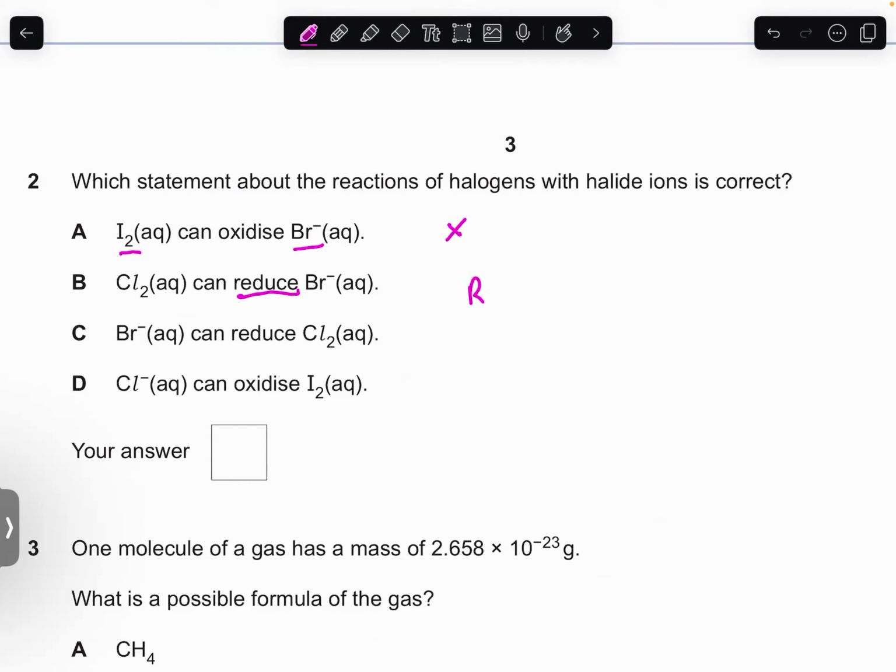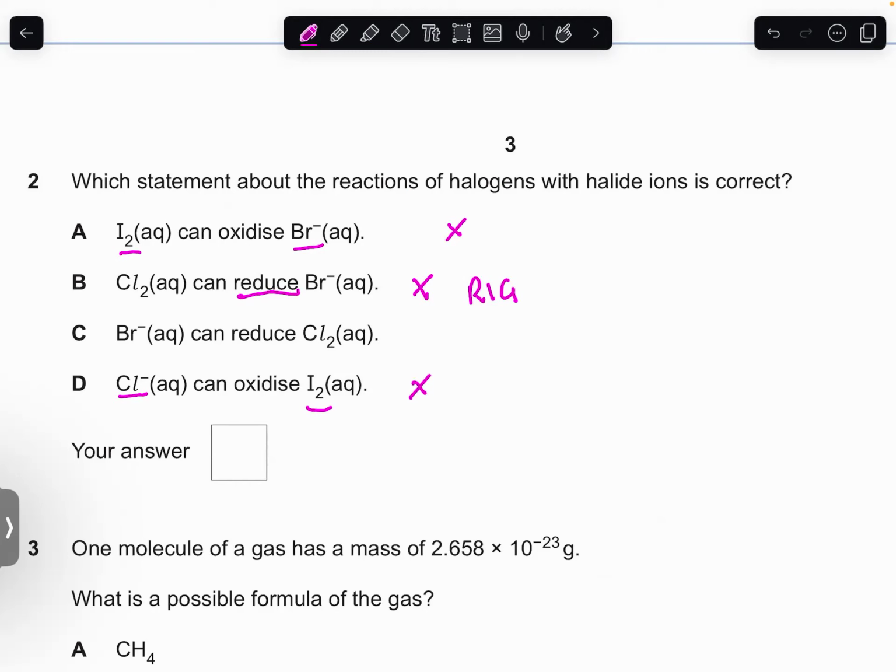What does reduce mean? Reduction is gain. Can reduce, it's implying Br minus is going to gain another electron. No, it's not. Why can't it be the last one? Because iodine is less reactive than chlorine, so it cannot react with a chloride ion.